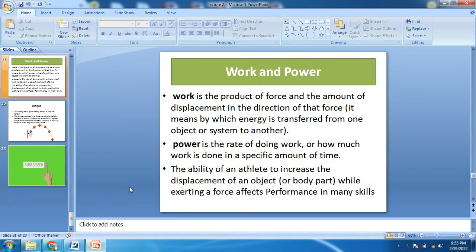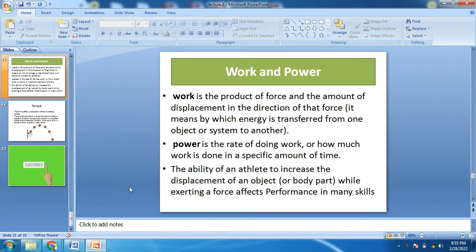Work and power in linear kinetics, forces and motions. Work is the product of force and the amount of displacement in the direction of that force. It is the means by which energy is transferred from one object or system to another.